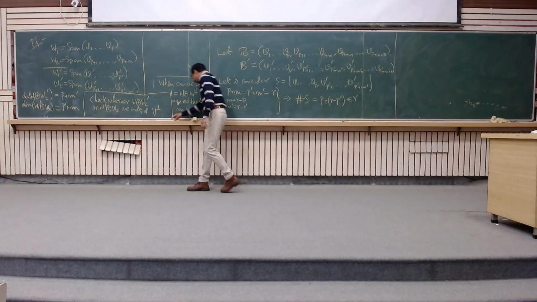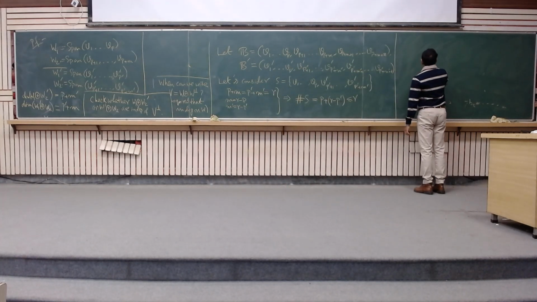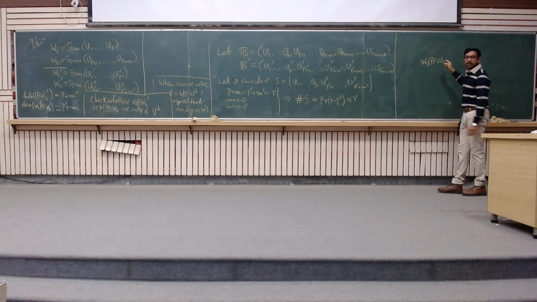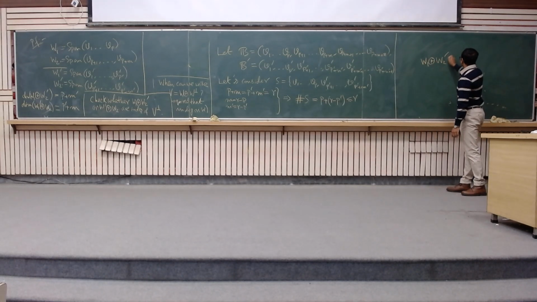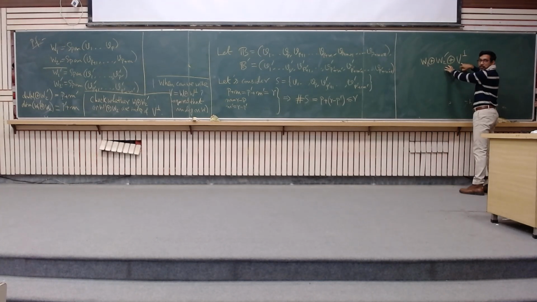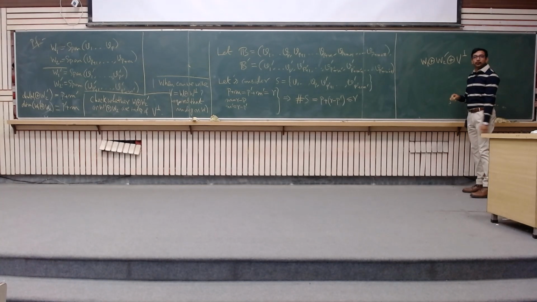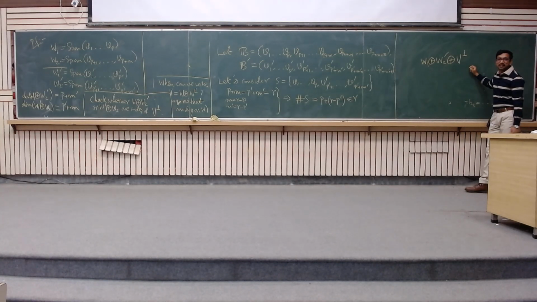So you are considering W1 direct sum W2' direct sum V perp. If they are independent, you can consider this. Yes, we can show that they are independent. And we assume that m is greater than or equal to m'. So this should exceed n.